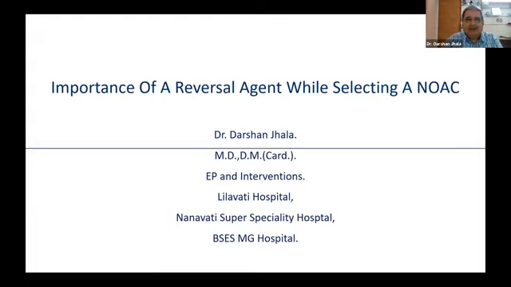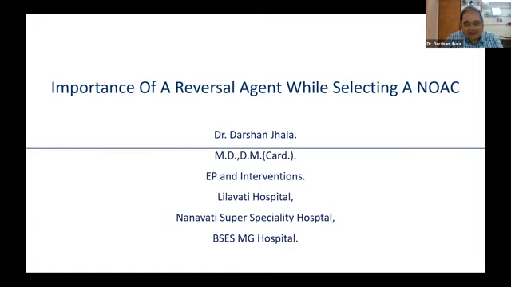So between the 3, there are a few situations where a particular drug is preferred. For example, if you have low renal function, then you would probably prefer apixaban. If you have a very elderly patient, then also you might prefer apixaban.